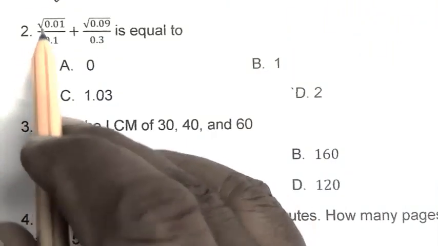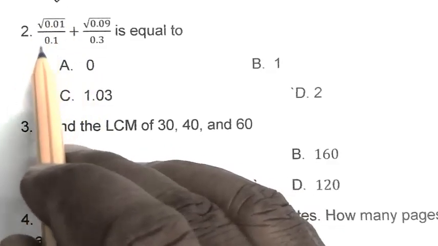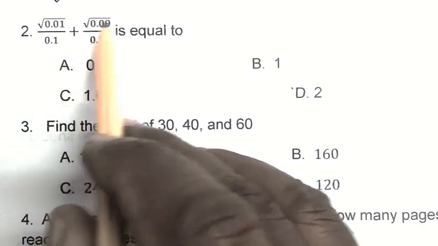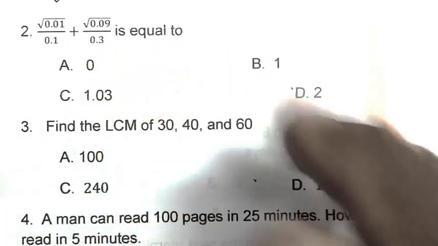Question number 2. Square root of 0.01 by 0.1 plus square root of 0.09 by 0.9 is equal to.